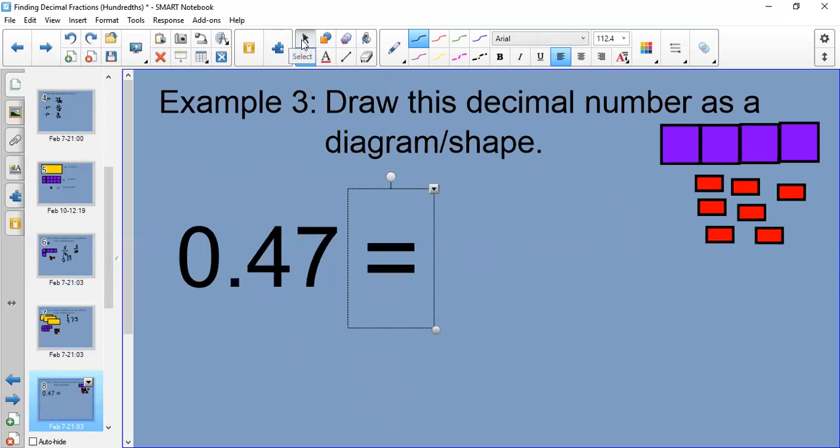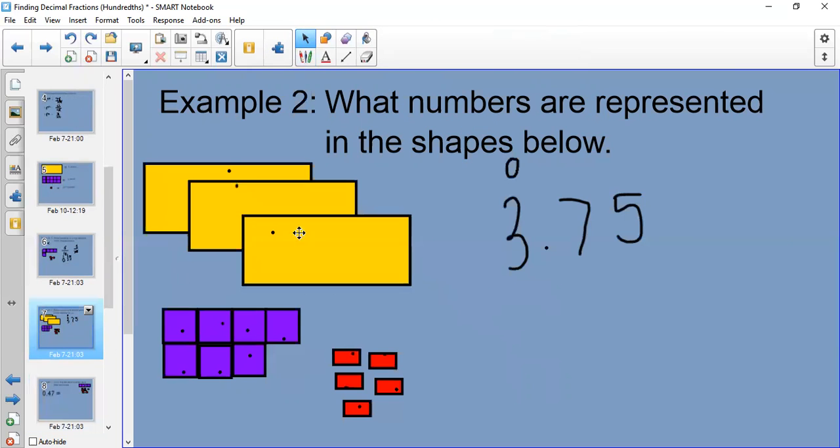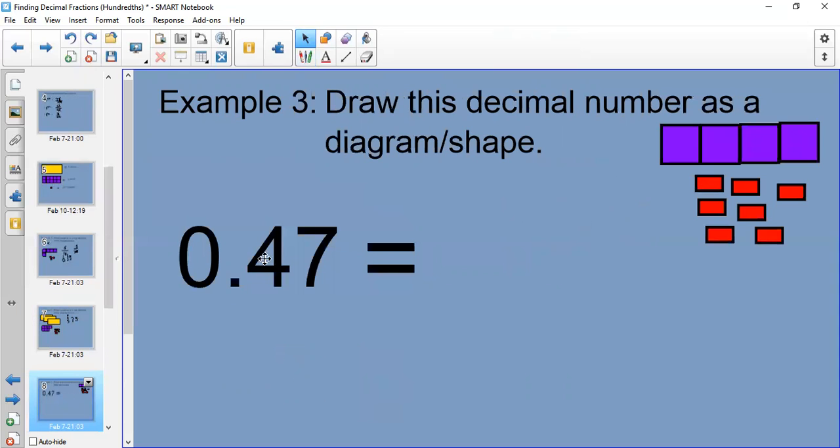Let's look at this example here. Now it's asking you to draw this decimal, 0.47, as a diagram or a shape. So you're going to want this answer to look something like this here. 0.47, well, I need to first of all look at my ones column, which is here. Now, I don't have any ones. I don't have any whole parts of 1 or 2 or 3. I've got 0. So I don't need to draw a whole part. So now I need to look at my tenths column.